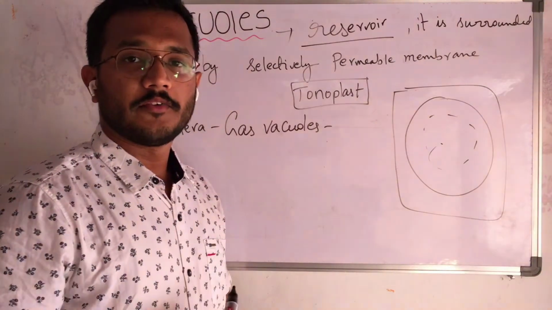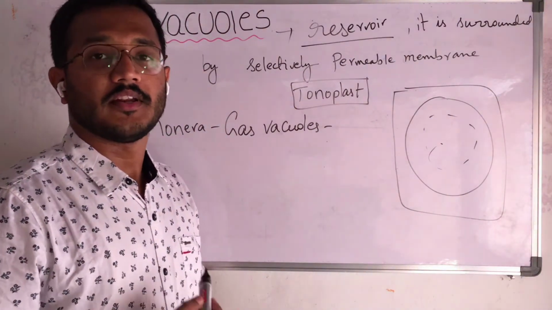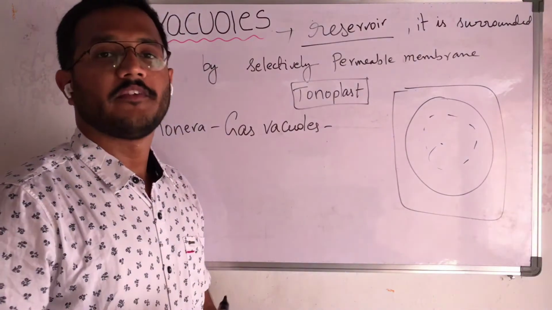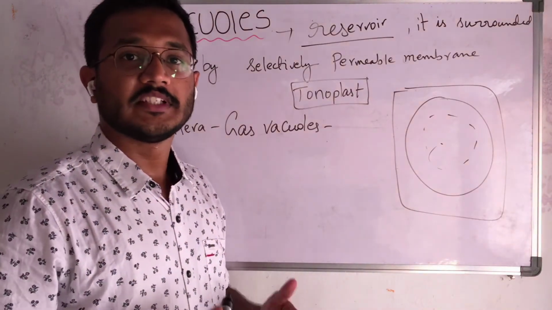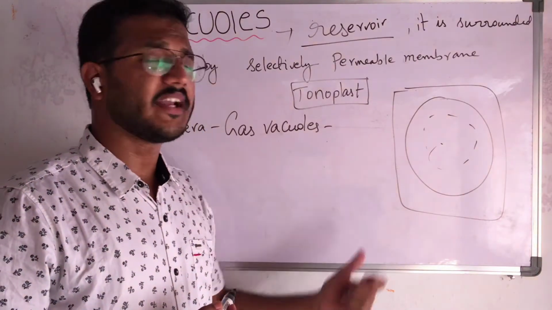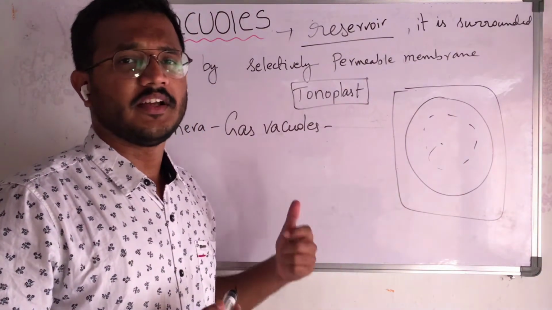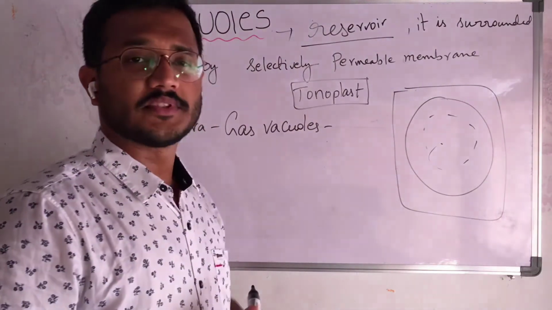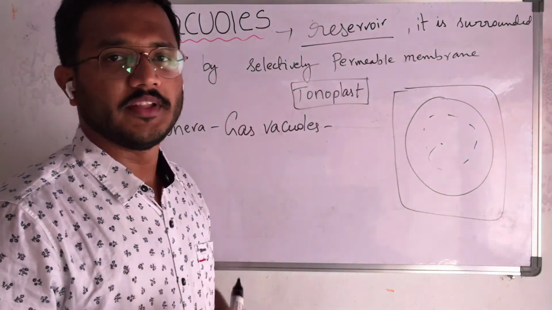Like if you are learning swimming, we wear some tubes which are filled with air. Like that, the gas vacuoles are filled with air. So that helps the organism to float in the water.